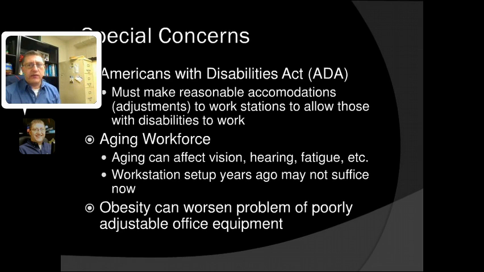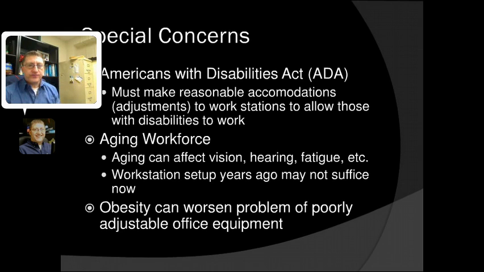So you can't simply say, I'm sorry, you can't work in this office because you're in a wheelchair and we don't have the appropriate equipment for you. You can't do that. You've got to make accommodations. And what might be considered good ergonomics for someone without a disability could be bad ergonomics for someone with it. So you can't just assume it's going to work.